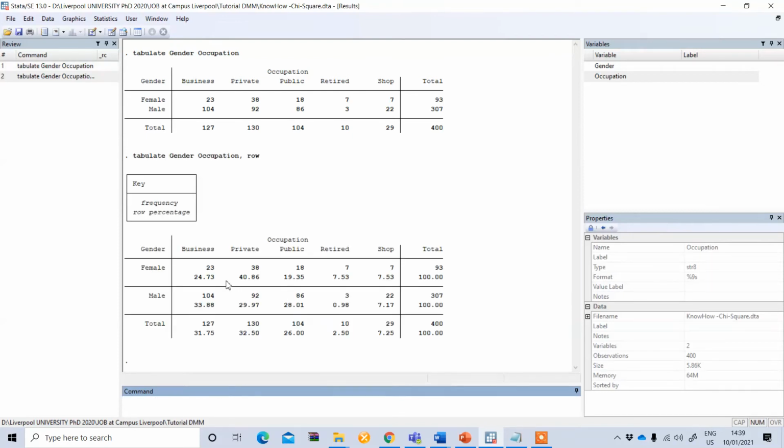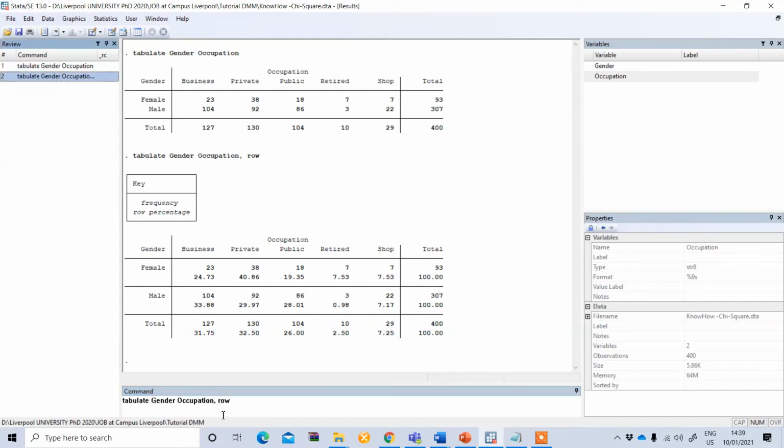So you can see here it is not only showing the frequency but also the percentage of this frequency distribution. The total frequency is 93, so if you divide 23 by 93, you get 24.73%. So this is divided row wise.